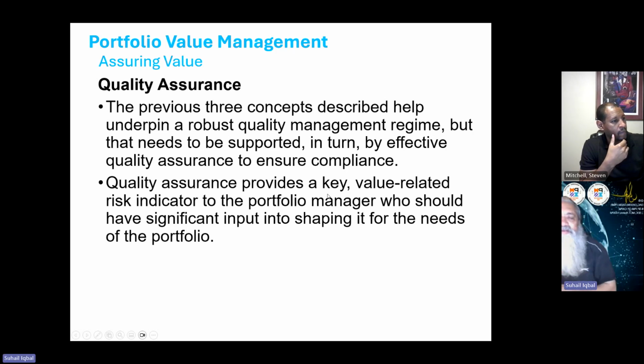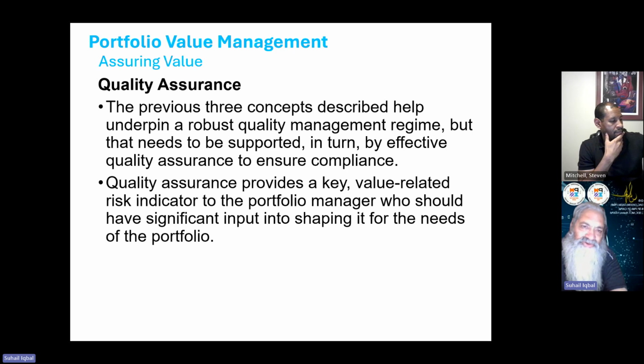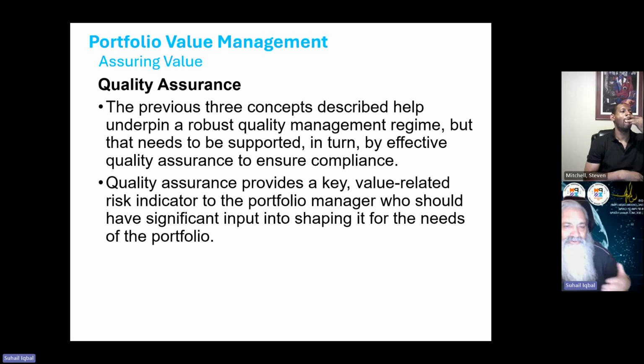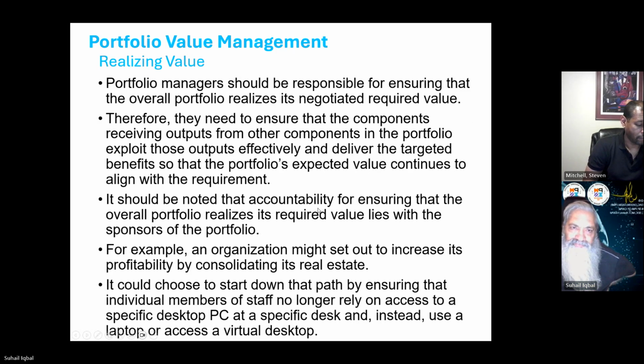Quality assurance provides a key value-related key risk indicator to the portfolio. You see, now we are talking about risk as well, because if there is a threat to quality assurance, you have to have risk management going on there. If there is a threat to the value, you have to have risk. Risk is associated everywhere. Who should have significant impact into shaping it for the needs of the portfolio?